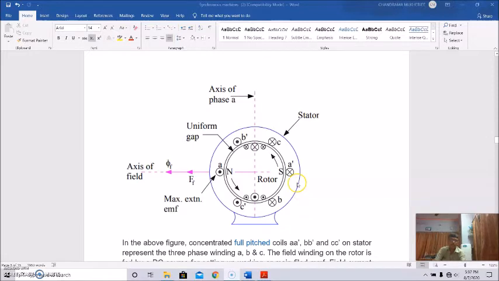This is the rotor, and this is the stator. These are the stator windings.